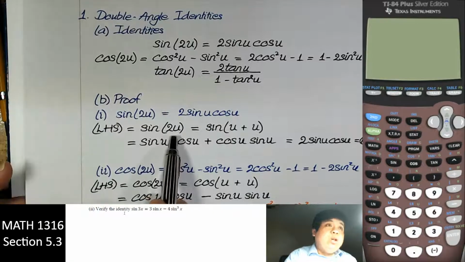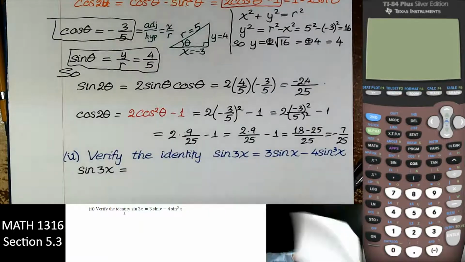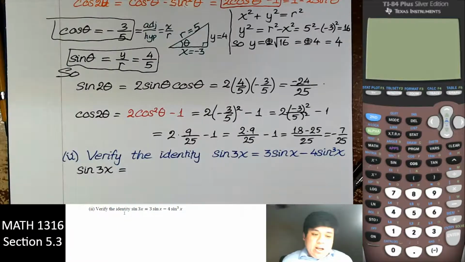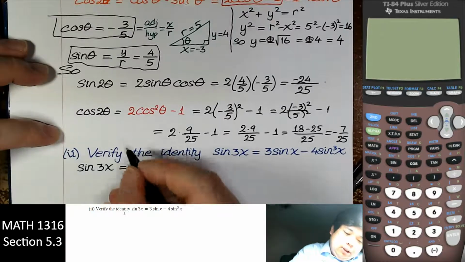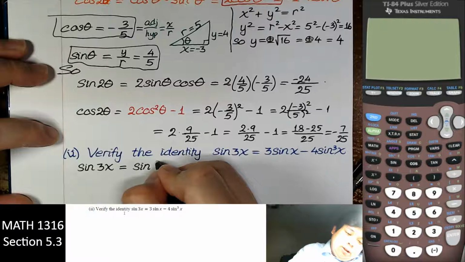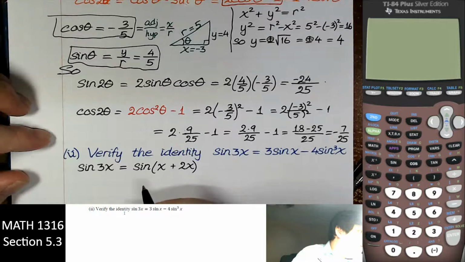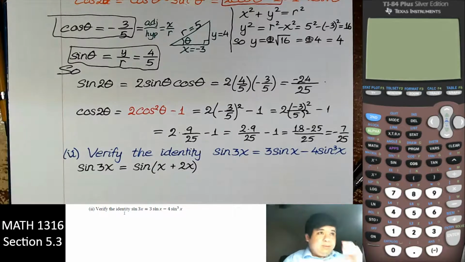In order to get 3 times the angle, if there's a 2 times, it will be plus itself. If we have 3x, we can write x plus 2x. Of course, that will give us 3x.